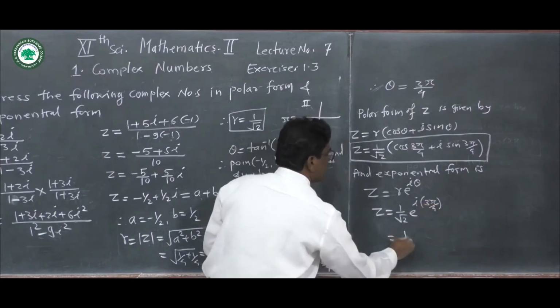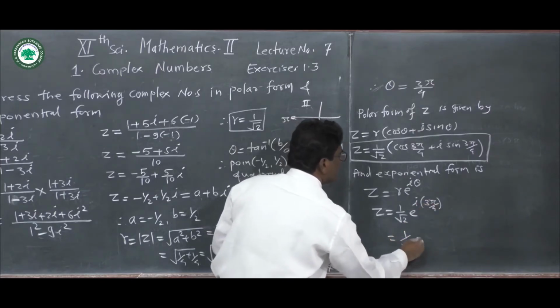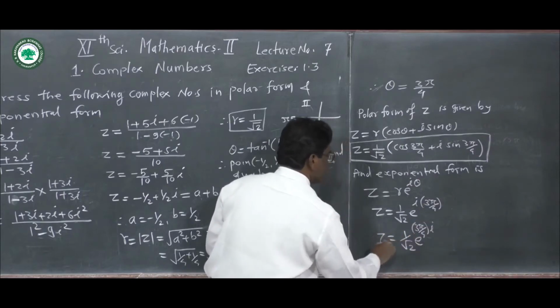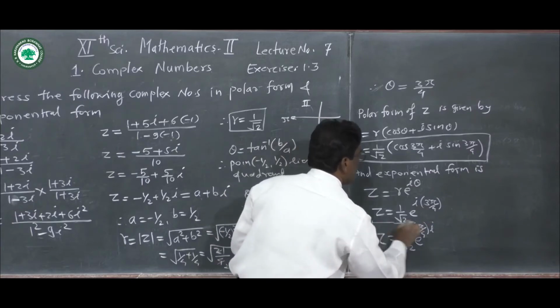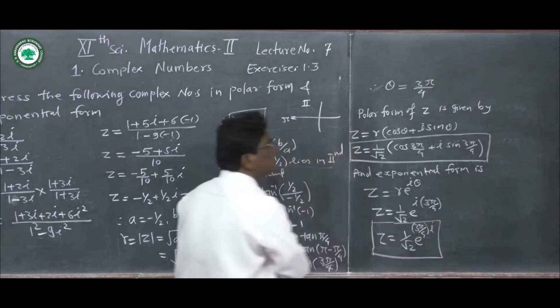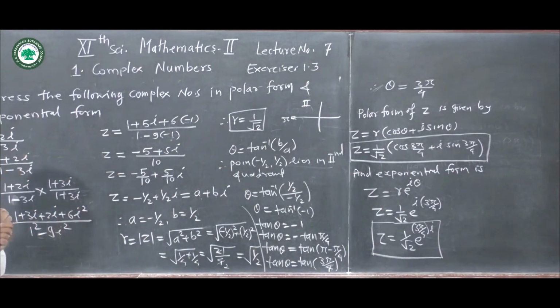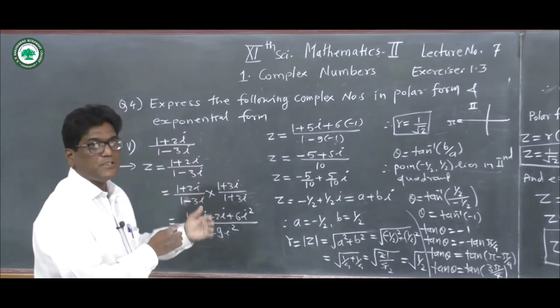So it is equal to 1 upon under root of 2 e to the power 3 pi by 4 into I. This is the exponential form. Highlight this solution like this. So we get here the polar form and exponential form of the given complex number Z.